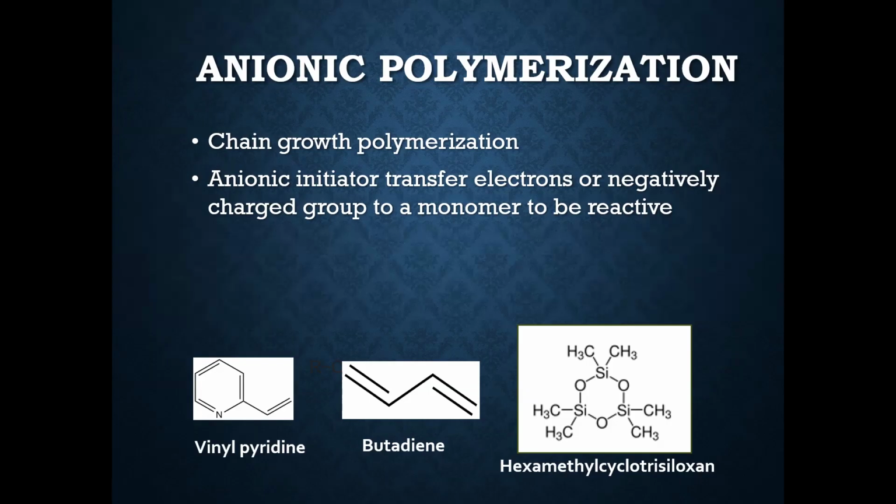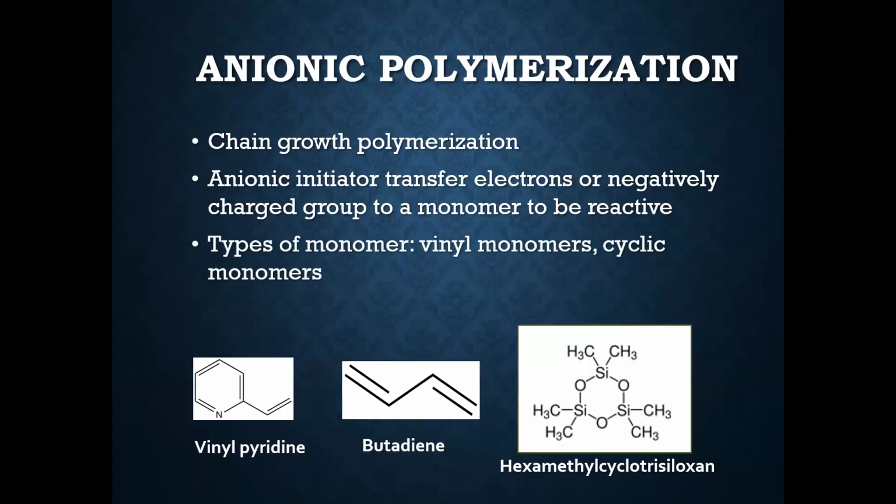So here we need an anionic initiator. Its role is to transfer its electrons or negative charge to the monomer. Once the monomer gets a negatively charged group or the pair of electrons, it will be reactive and it will form a carbonium ion.